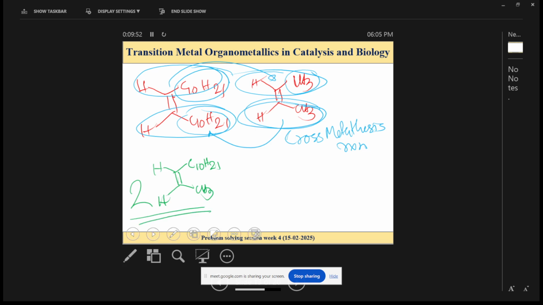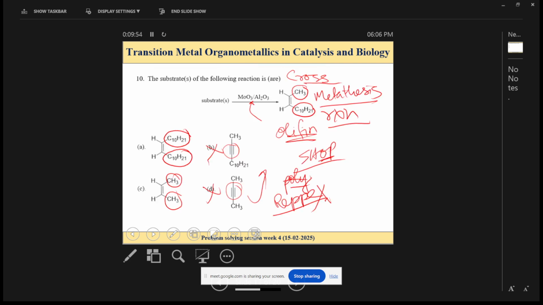Now go back to our question. We have CH3 and C10H21, so two molecules of this form from these two substrates. So here also option A and option C will be the right answer. As I have already said, this is a cross metathesis reaction in the SHOP process catalyzed by molybdenum aluminum oxide. I think this question is clear.